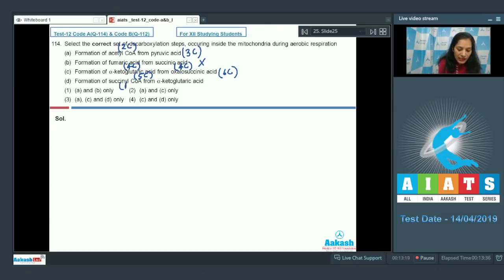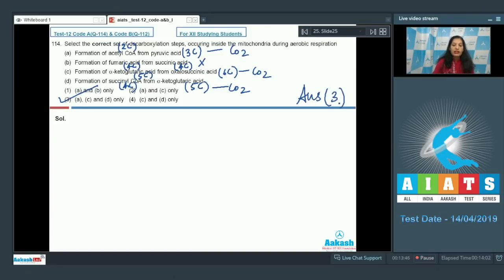Formation of succinyl coenzyme A, a 4 carbon molecule, from alpha ketoglutaric acid, a 5 carbon molecule: definitely there is a removal of CO2. So in all the given steps there is removal of CO2 except in step B. So the correct set of decarboxylations are A, C and D. The correct option for the given question is option number 3. Let's move to the next question.